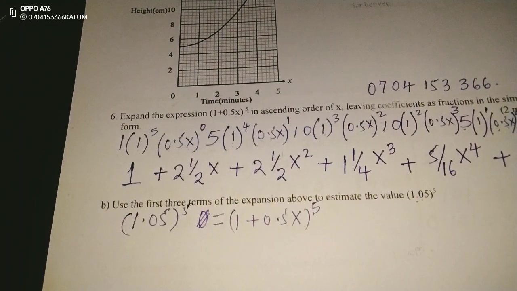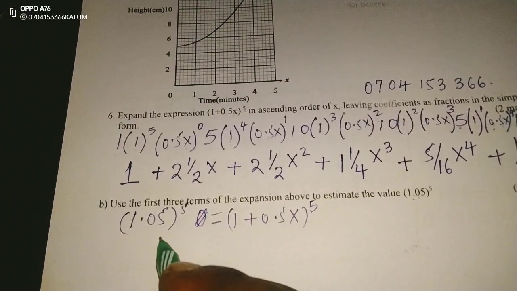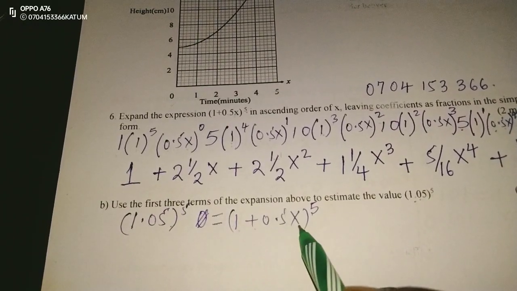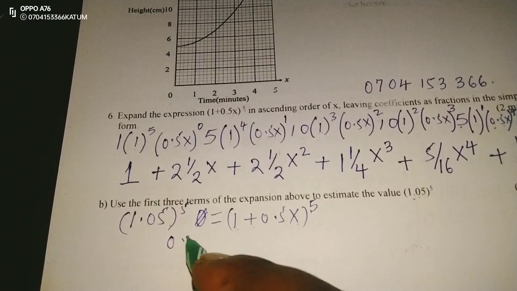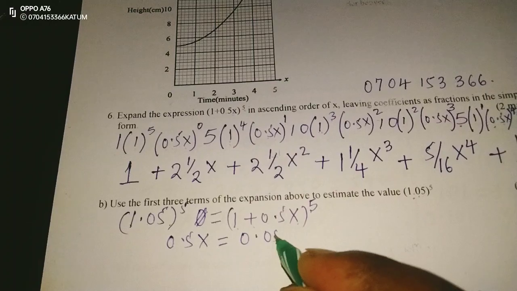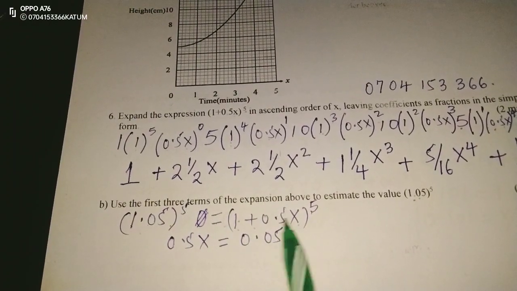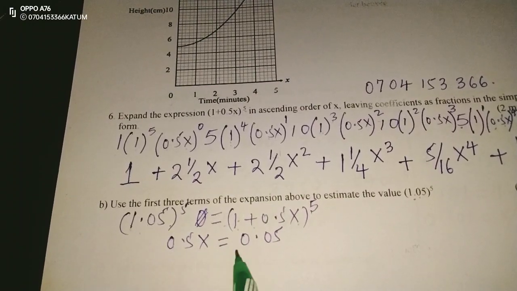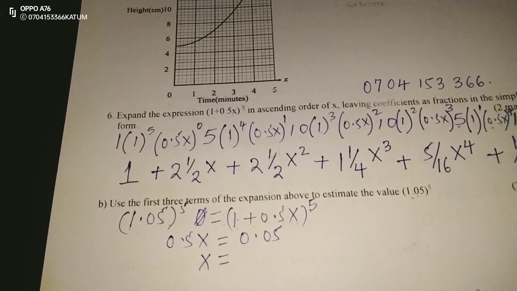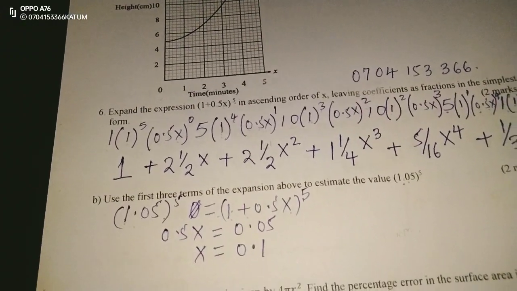Because the powers are equal, we can equate the bases, and we will have 1.05 equal to 1 plus 0.5x. To remain with 0.5x, we subtract 1 and have 0.05. So 0.5x equals 0.05. To remain with x, we divide 0.05 by 0.5. This gives us 0.1. So the value of x is 0.1.